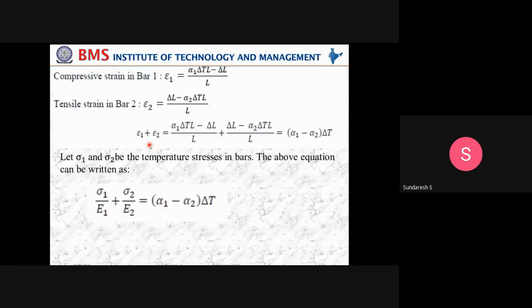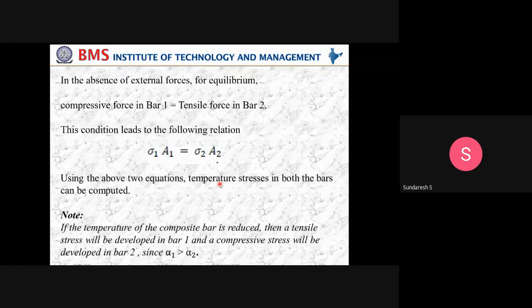The previous equation I told you is the one equation, and the second one is sigma 1 into A1 equal to sigma 2 into A2. In this expression, we can write what sigma 1 is. Sigma 1 is equal to sigma 2 into A2, and I will take A1 to the denominator. So I can express sigma 1 in terms of sigma 2. Am I right? So sigma 1 is equal to sigma 2 into A2 by A1.